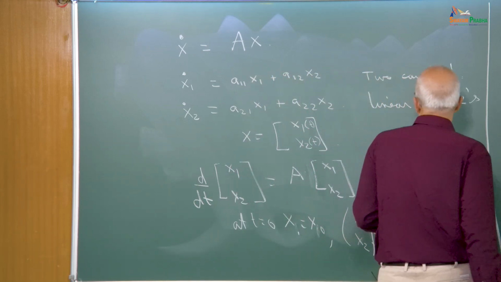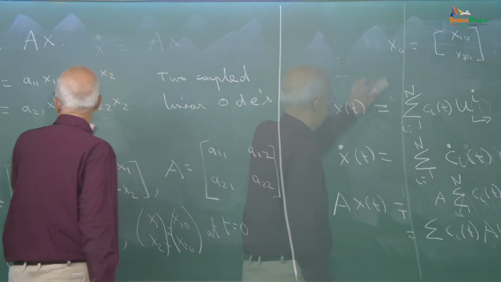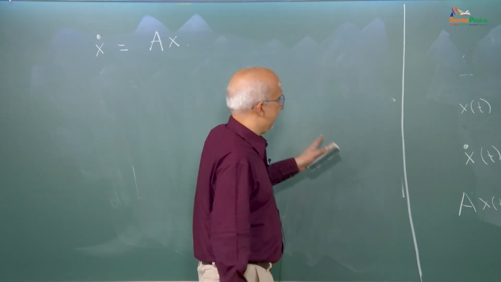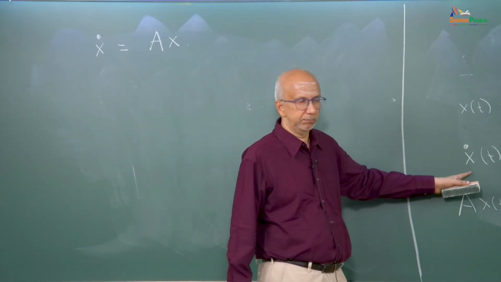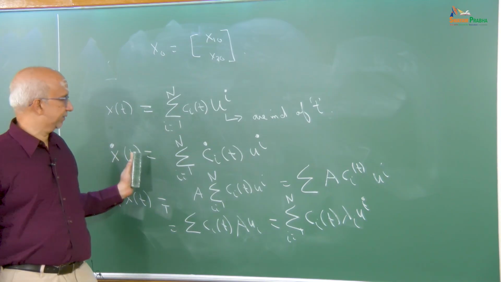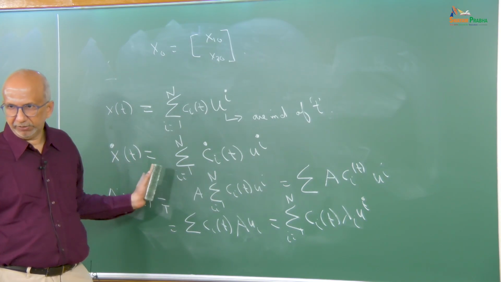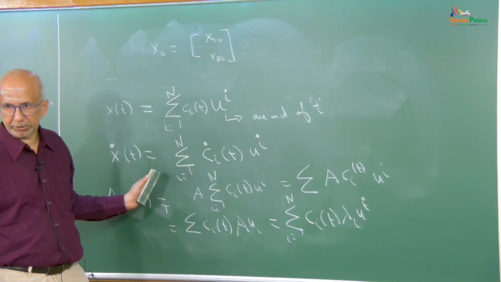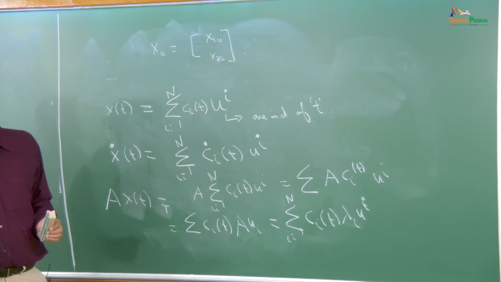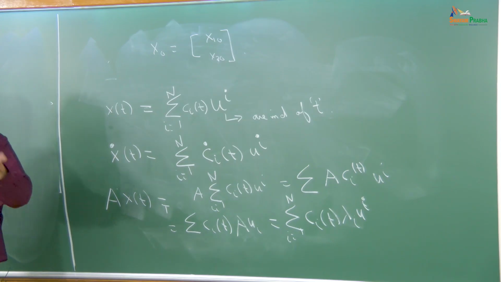When I am operating by A, I just say this is equal to this. So, now x dot equal to Ax. I need to find the x, which means I need to find the Ci's. If I can find the Ci, I can find the x. My job of trying to find the x is converted to finding the Ci.